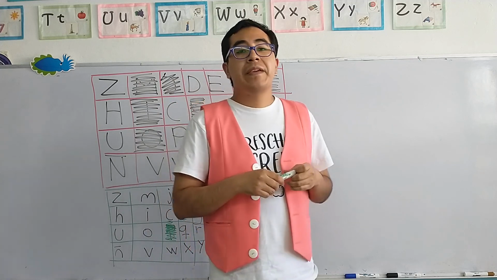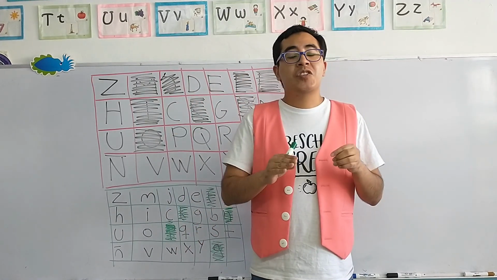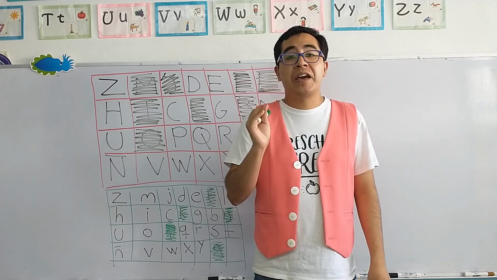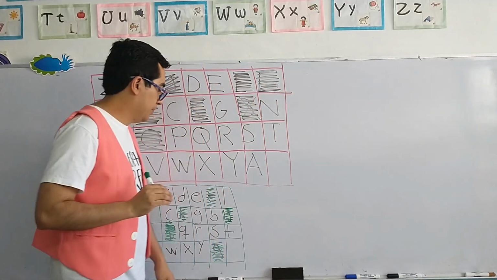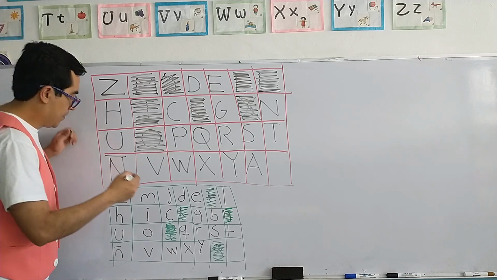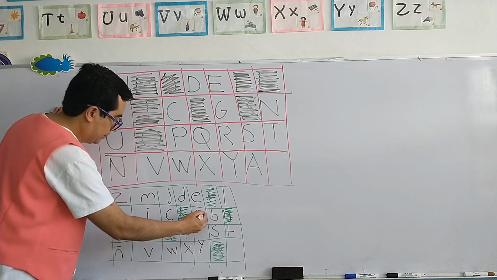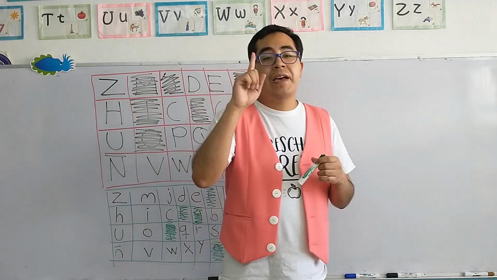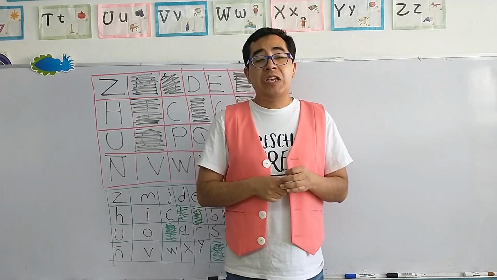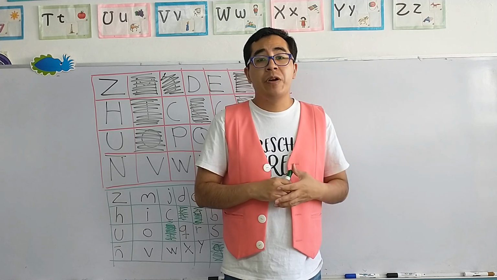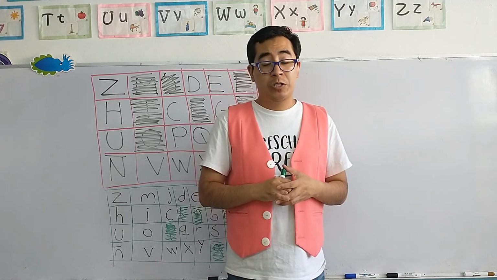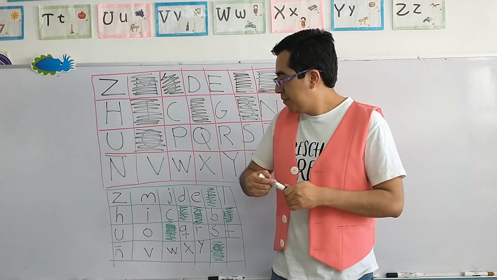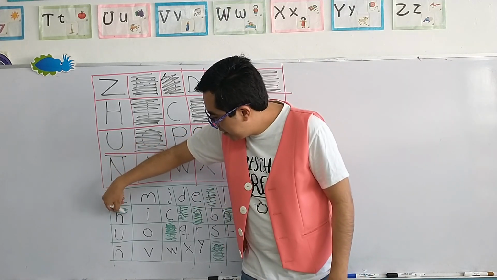Next letter, small G for girl, for glass, grandmother. Right here. One last letter, letter H, the letter of hammer, of Hannah, of hot dog. Right here.